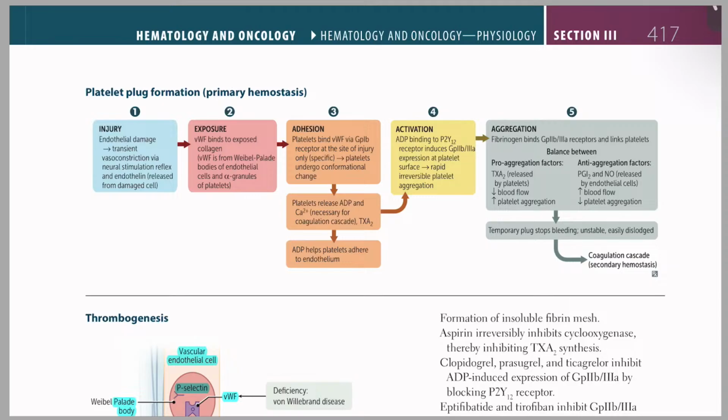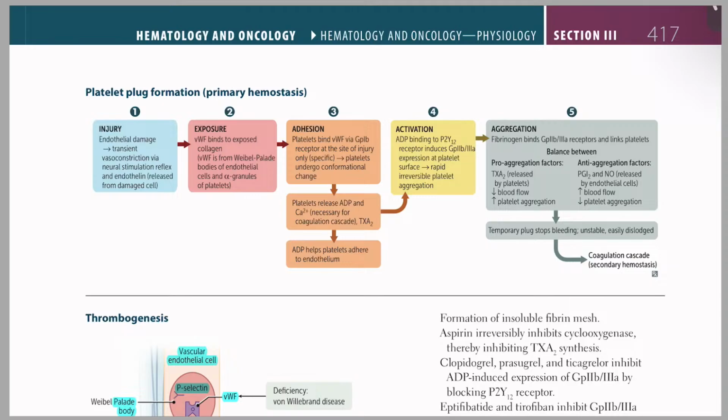Balance between pro-aggregation factors and anti-aggregation factors. Pro: thromboxane A2 released by platelets, decreases blood flow, increases platelet aggregation.